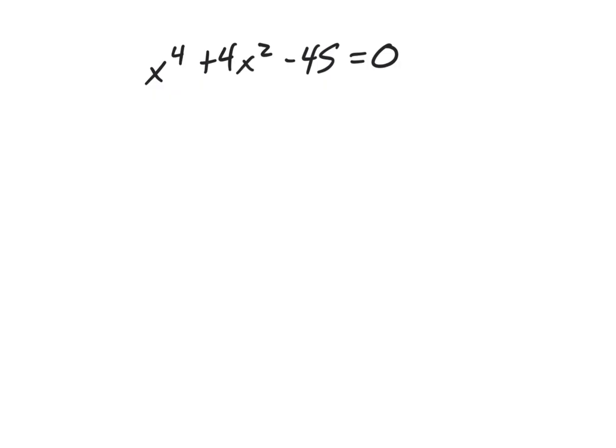And I could say this is my product, this is my sum. X squared times x squared is x to the 4th. What multiplies to get a -45 and adds to get a +4? +9, -5.